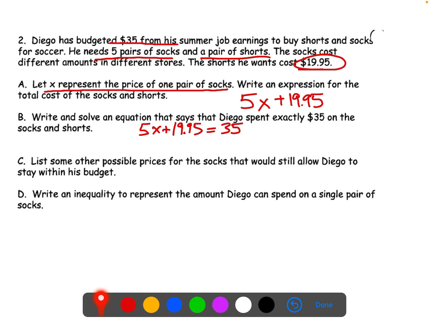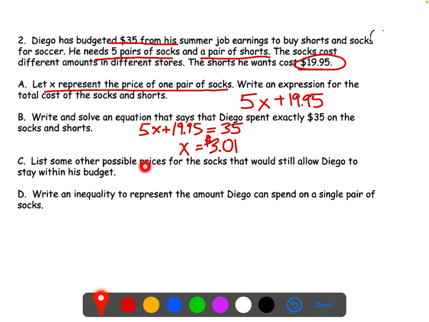Remember, we need to do the inverse operation and balance it, so we'll subtract $19.95 from both sides, and then whatever we have remaining, we will divide by 5. So after you do all of that, X, which again is the price of the socks, equals about $3.01. I'm going to put a dollar sign there because we know we're talking about the price of the socks here.